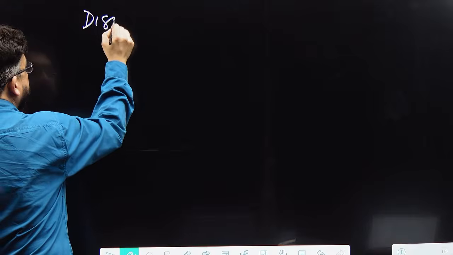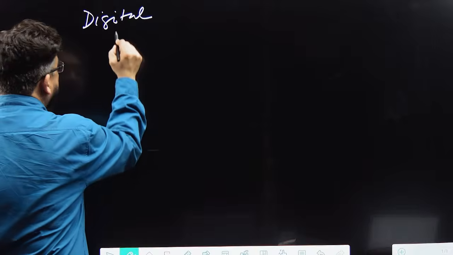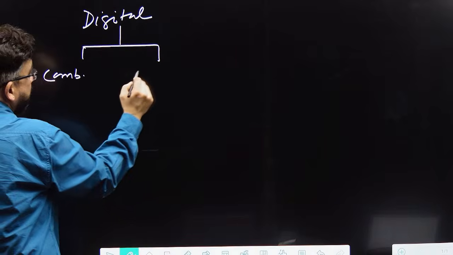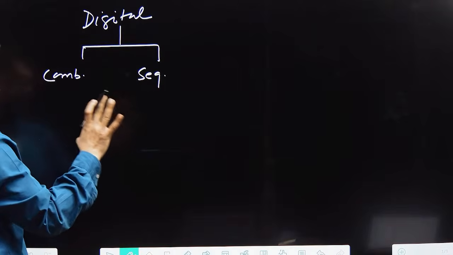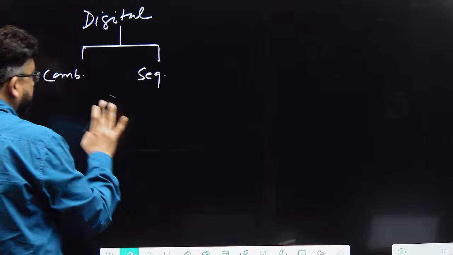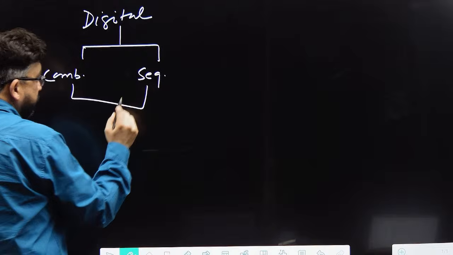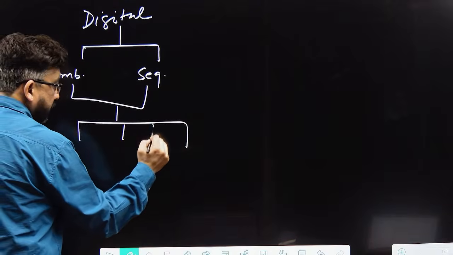So how am I going to proceed? Whatever we are learning in digital, for example combinational and sequential circuits, whatever we are going to design with the help of the Xilinx ISE tool, all those combinational and sequential circuits we will design with Verilog using three modeling styles. One is gate level modeling.